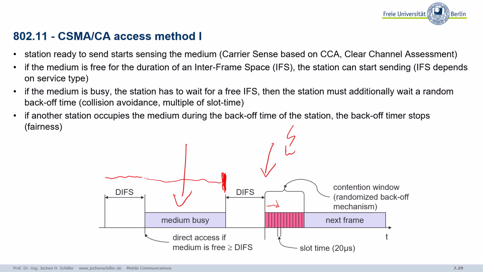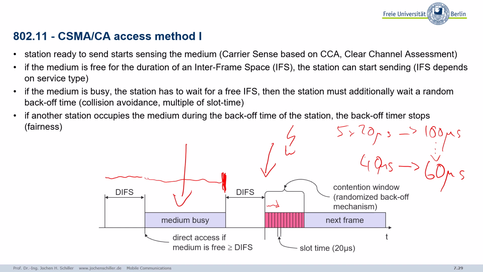So let's assume you pick a random number 5 times 20 microseconds. That means you have to wait for 100 microseconds. Now you count down, and after, let's say, 40 microseconds, someone else accesses the medium. That means your timer stops at a remaining waiting time of 60 microseconds.